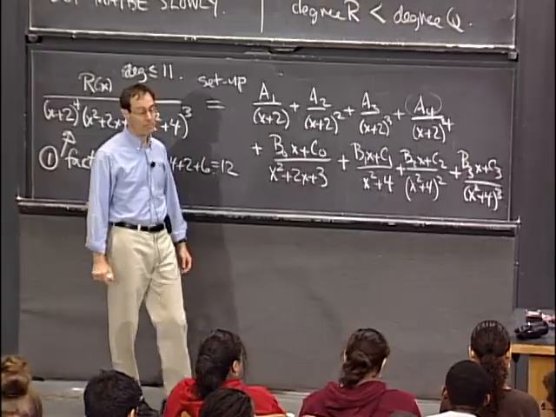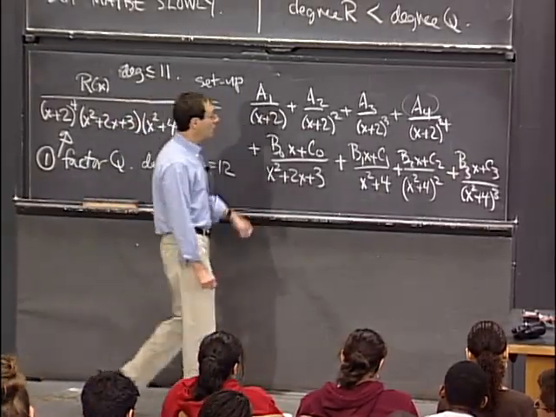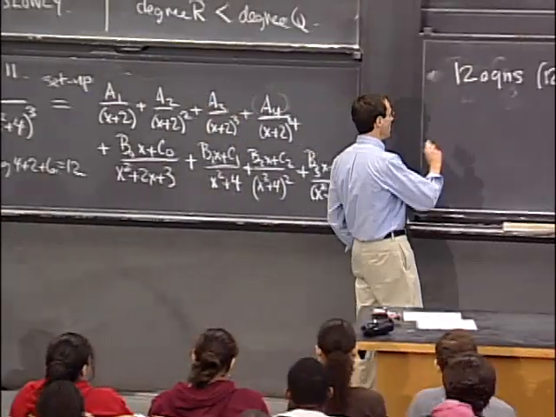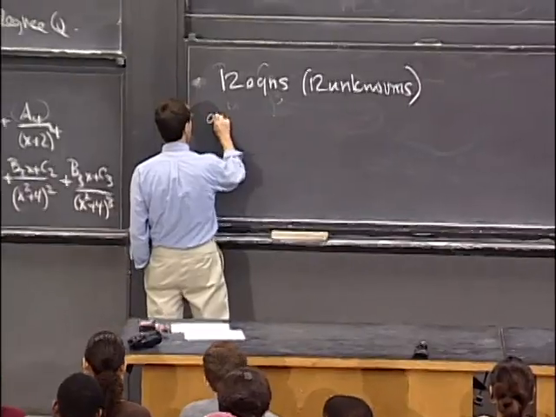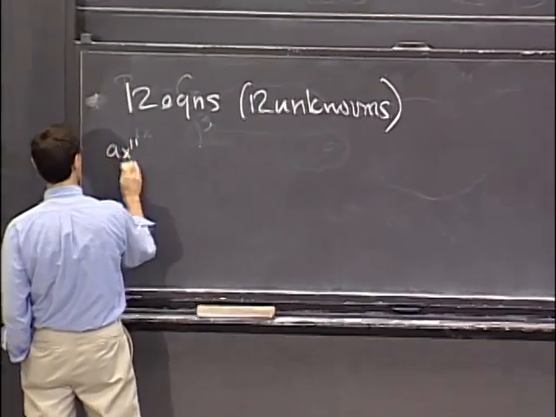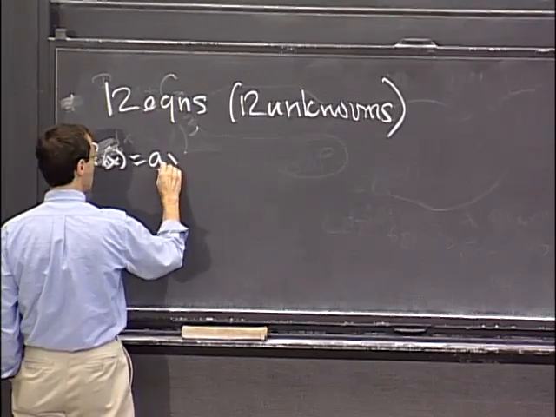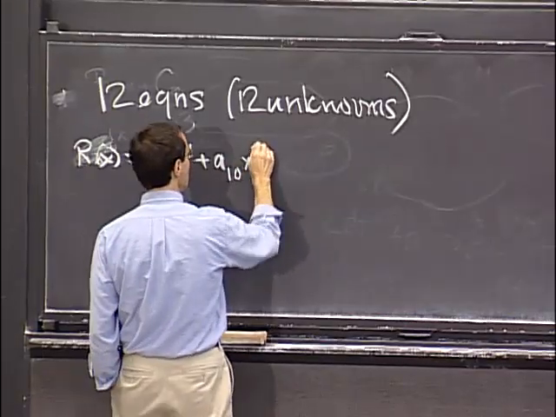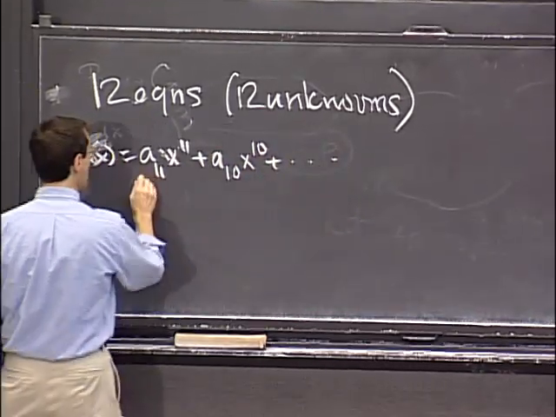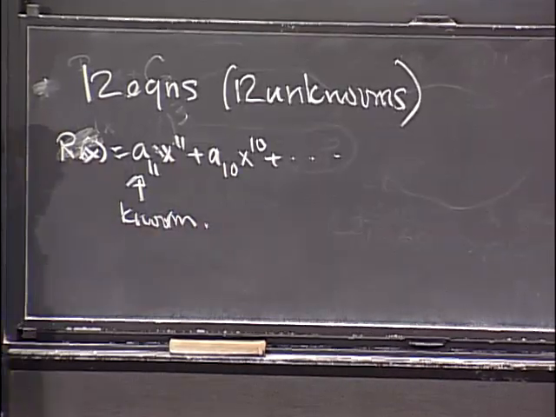Yeah, question? 12 equations. I see that there are 12 unknowns, but isn't it just one big equation? It's one big equation, but it's a polynomial equation. So there's an equation, this function r of x is equal to a11 x to the 11th plus a10 x to the 10th. And these things are known. Right? This is a known expression here.